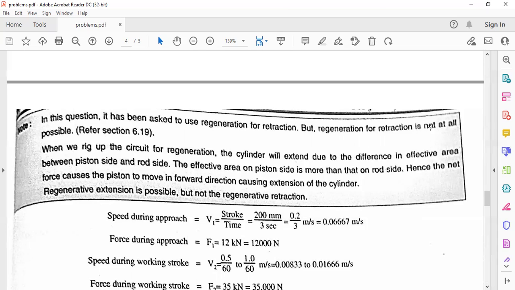Hence, the net force causes the piston to move in forward direction, causing extension of the cylinder. Regenerative extension is possible, but not the regenerative retraction.